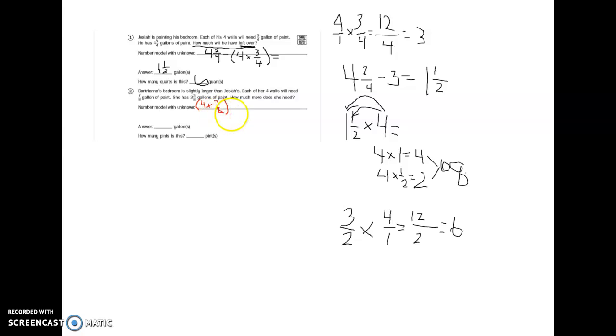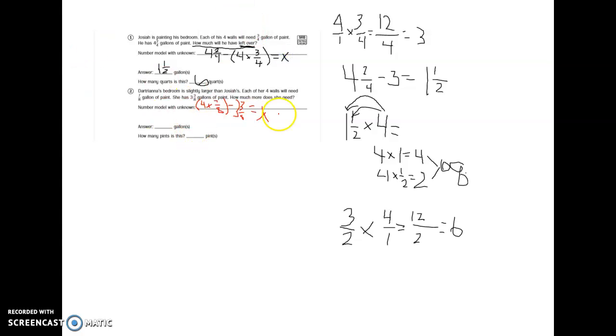And then I'm going to subtract what she does have for paint already, which is going to be 3 3/8 in my gorgeous computerized handwriting. And that's going to get me X, because it's my number 1 model, the unknown, which I should have for number 1. Put X there too. So we're just going to go back and do that.